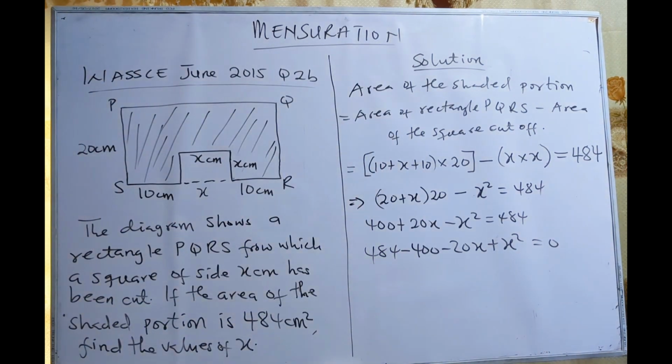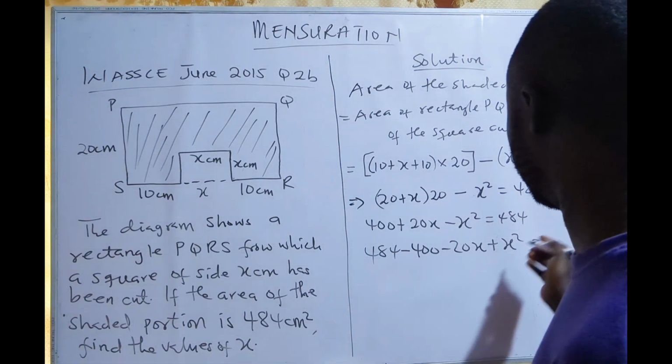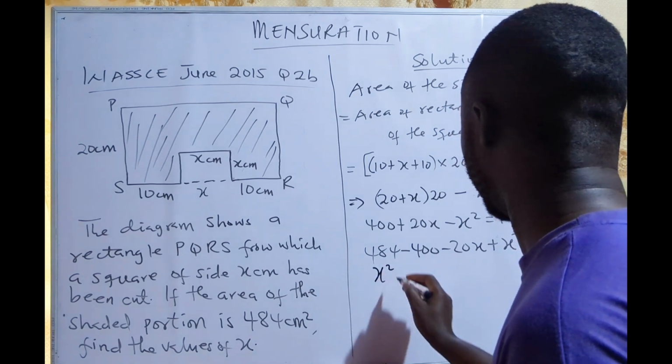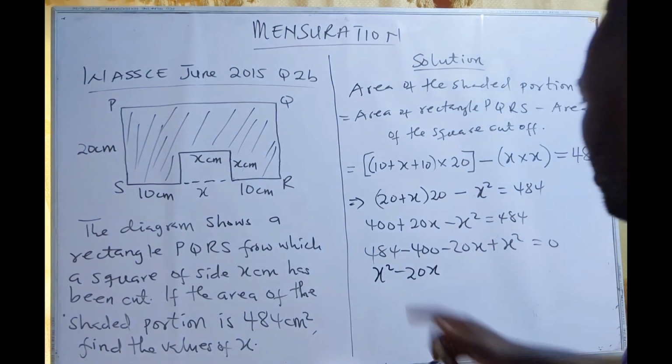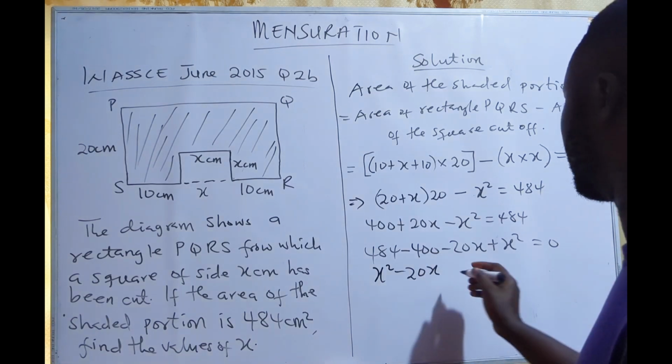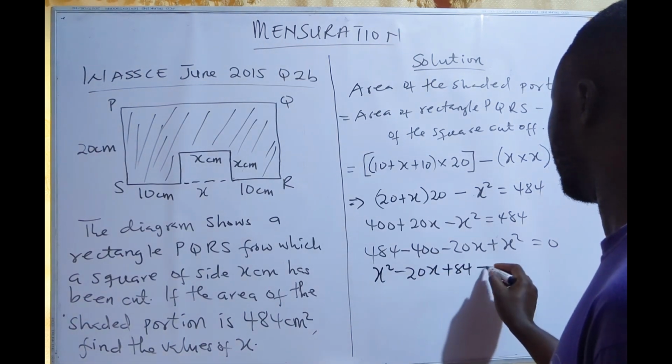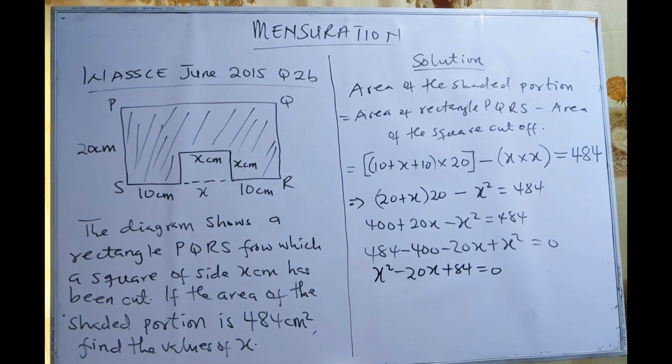Let's simplify it. x squared minus 20x, and 484 minus 400 will give me plus 84, equal to 0. So we have x squared minus 20x plus 84 equal to 0. So we have gotten a quadratic equation.